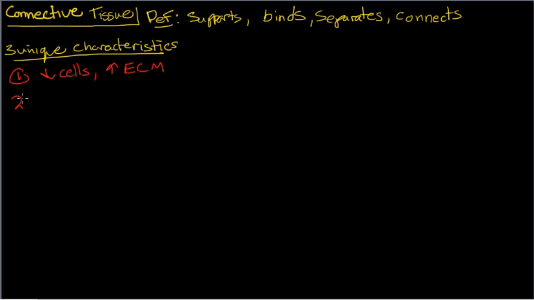Second one is that the ECM, or extracellular matrix, is going to be made up of ground substance and fibers.